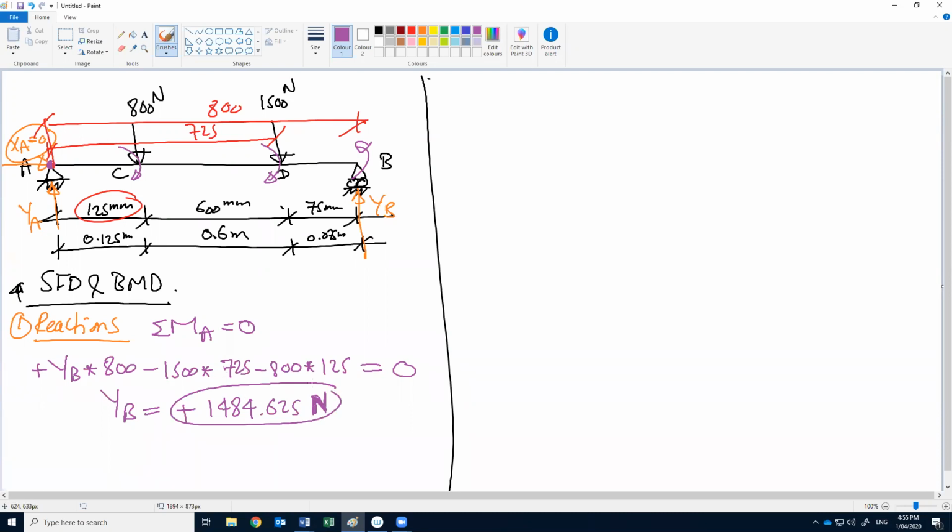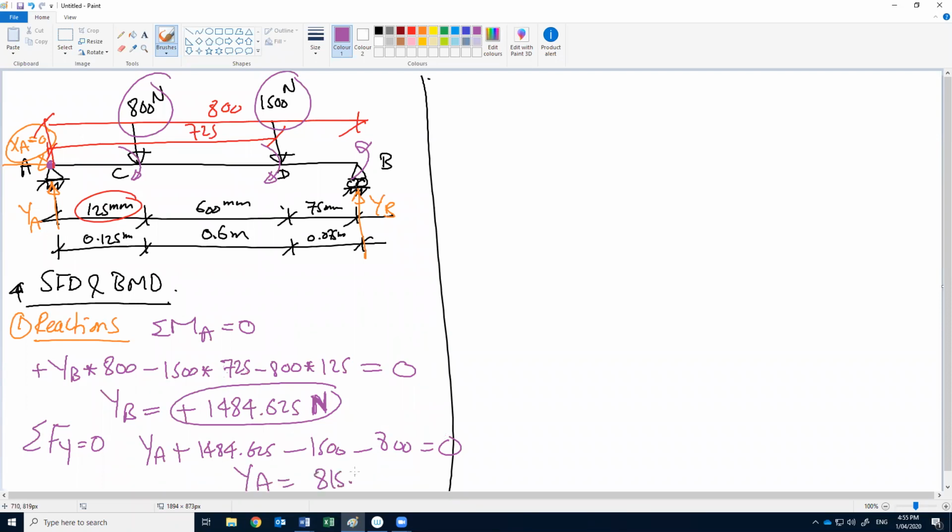How to find YA? If we apply summation of Y equal to 0, YA plus YB, 1484, minus this force, because downward, should be 0. So YA will be 815.375 Newton. So we have these two reactions.